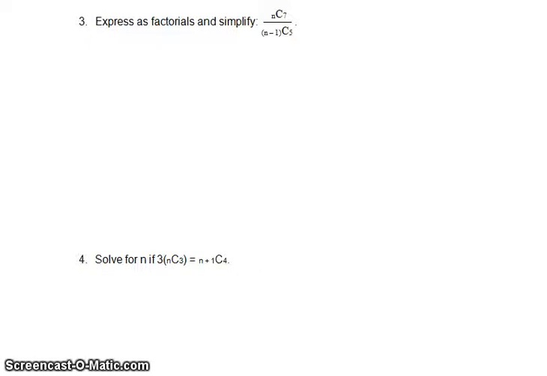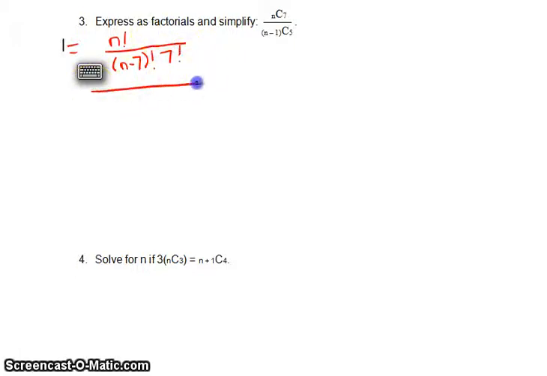So example number 3 here says to express as factorials and then simplify. Here we have n choose 7, or n combination 7, divided by n minus 1 combination 5. So what we're going to do here is express each, the numerator and the denominator, as their own factorials, and then we will apply some rules to simplify. Starting off here, n choose 7 can be written as n factorial over n minus r, so the n minus 7 factorial, times r factorial, which is 7 factorial.